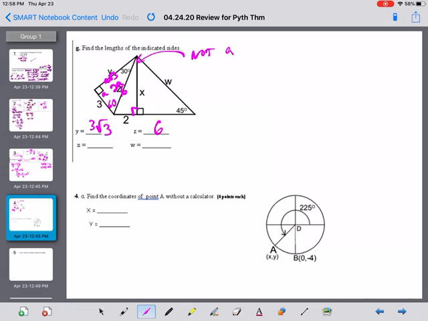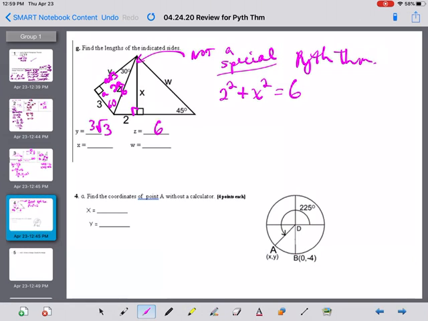That will not be a special right triangle. So how do we work with that? Pythagorean theorem. So 2 squared plus x squared equals 6 squared. 4 plus x squared equals 36.